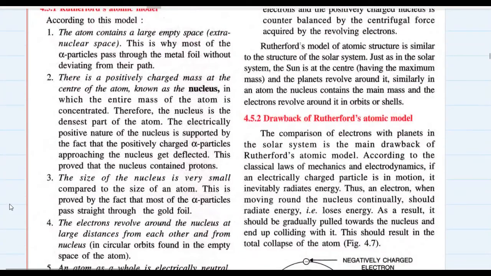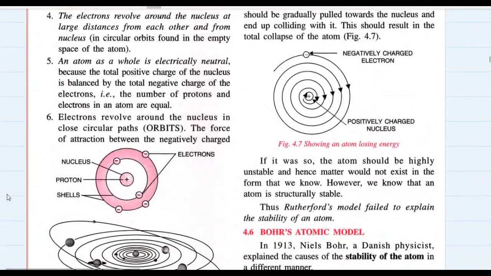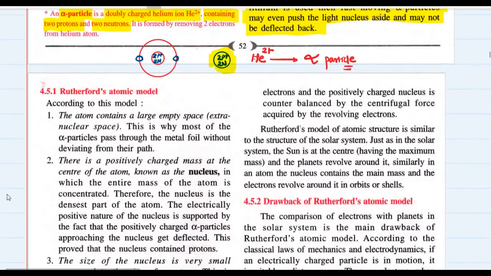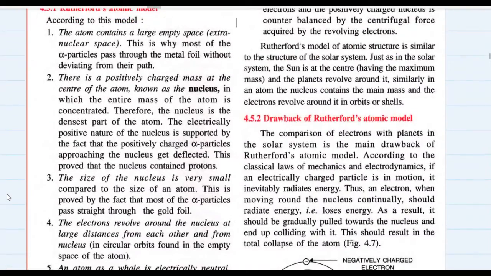So Rutherford's atomic model consists of the points of observation which Rutherford made with concrete proof, not like J.J. Thomson. He did not just say, okay, this is the thing because I feel so. No, according to Rutherford, his model looked in a specific manner because he had proof from his experiment.